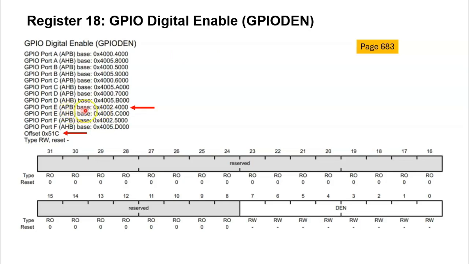So the base address for port E is 40024000 hexa, and the offset is 51C hexa. It's a 32-bit register, but only bit 0 to bit 7 is used for the digital enable register.